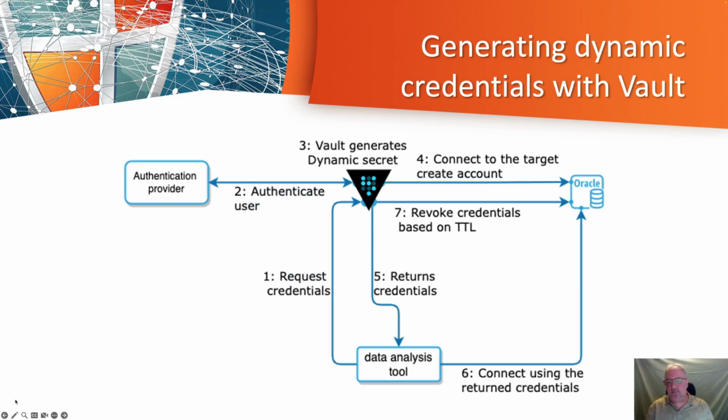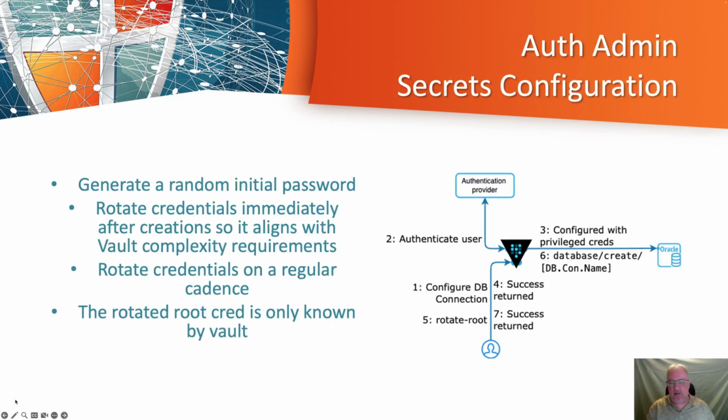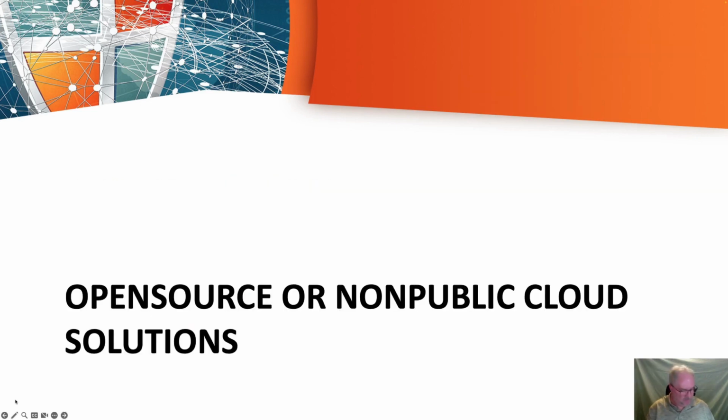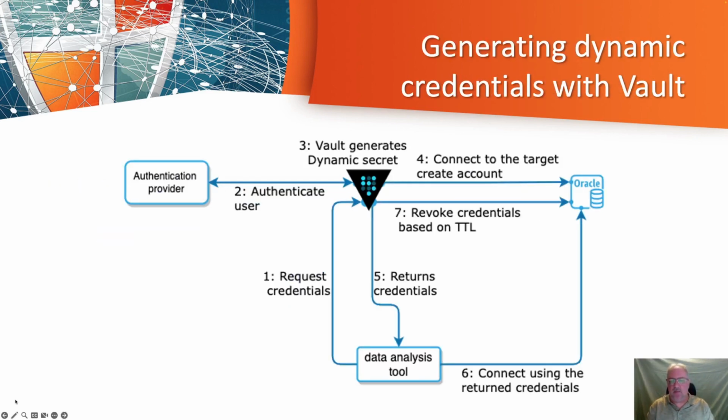So once that's in place, this account here, right? This is the account that's used for provisioning other users. So for example, well, actually this example is for an analysis tool, data analysis. So for a scanner.